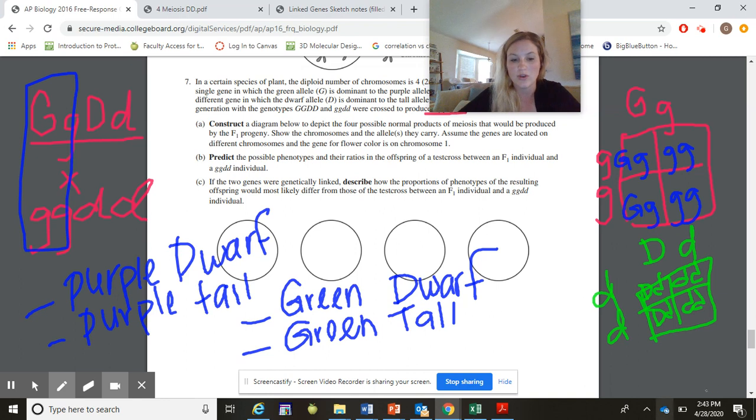Okay, so what percentage are going to be green and dwarf? So green is 1/2. The probability of them being dwarf is also 1/2. So our probability of them being green and dwarf is 1/4.